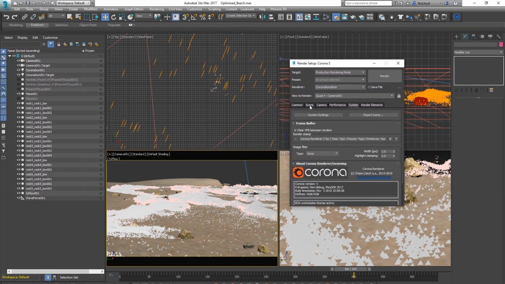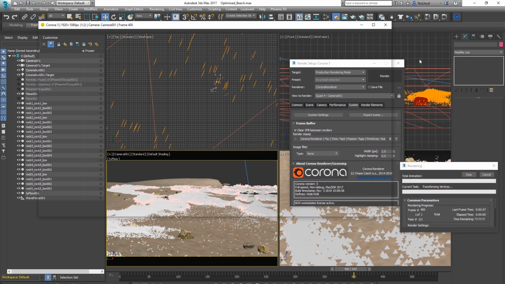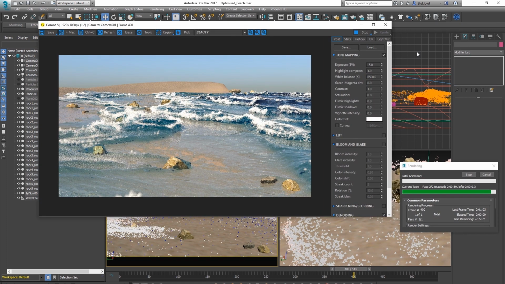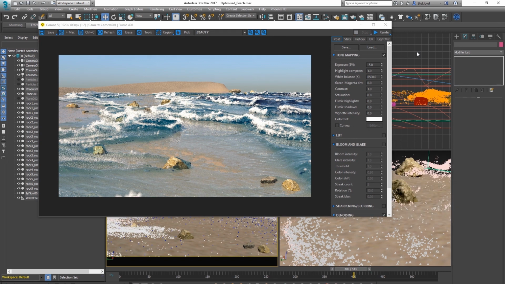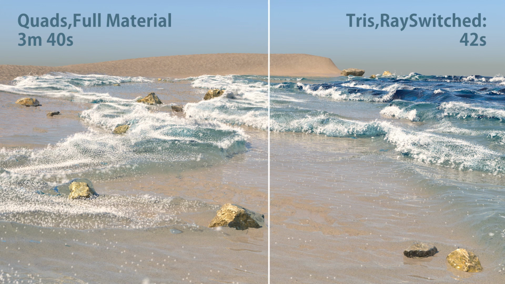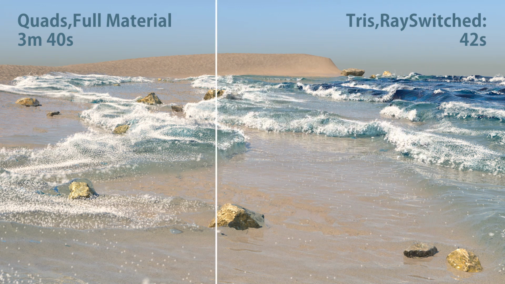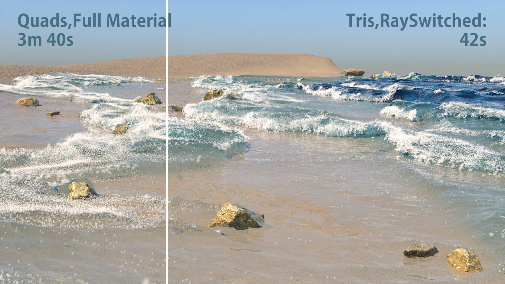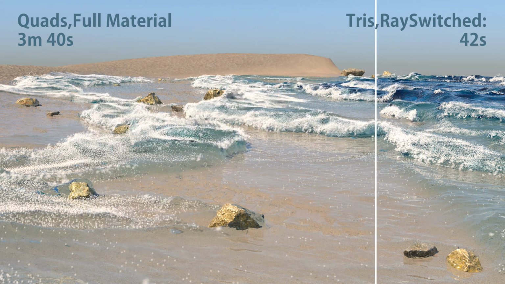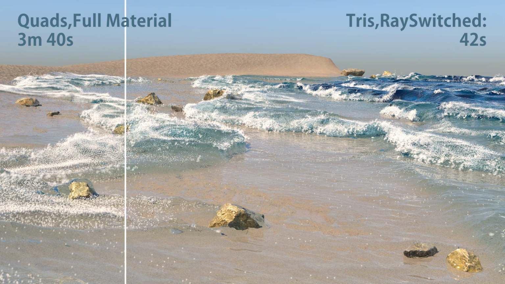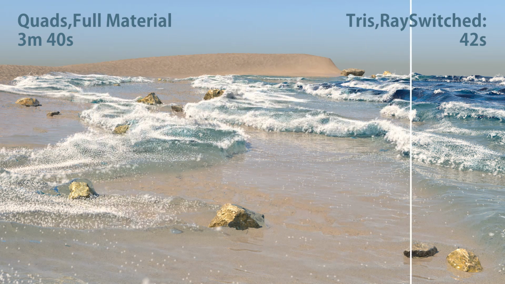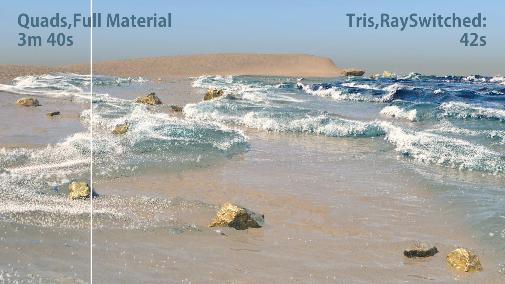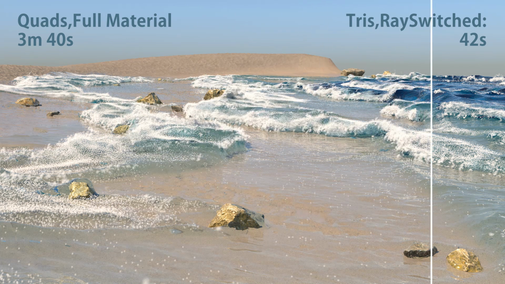Now if we give it a render, there's a comparison. Obviously the one on the left is the high one, and the one on the right is the optimized one. It just depends on how long you've got to render. But yeah, I think it's a pretty passable method.